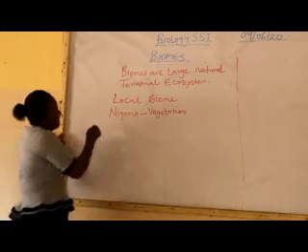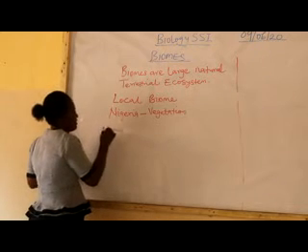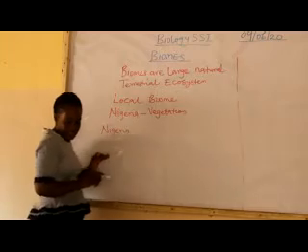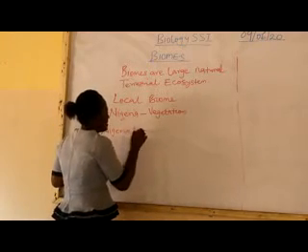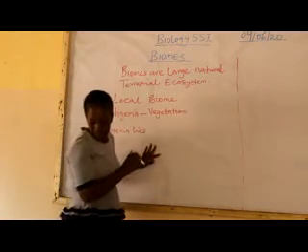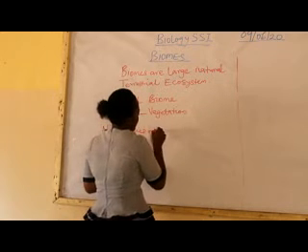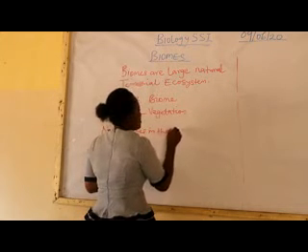And we said that Nigeria lies, if you go to the map, you see, it's a country that lies in the tropics. That is where the temperature is usually high.